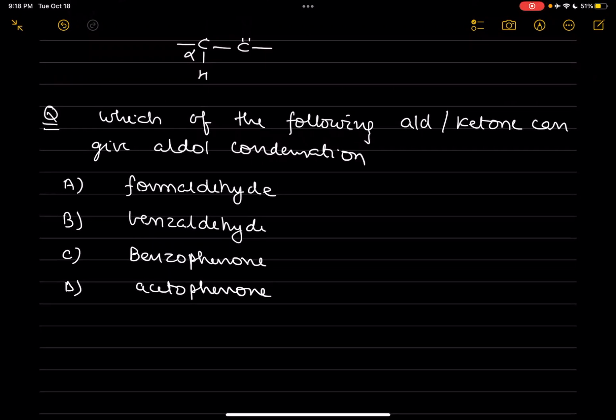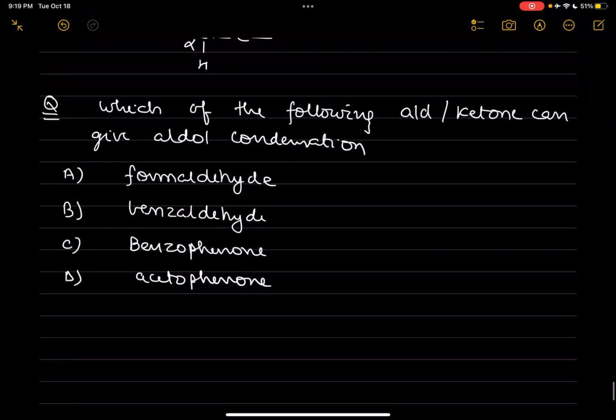These are common names, and they are very common, so you need to learn them, very important. Okay. Yes, sir. Formaldehyde, benzaldehyde, benzophenone, acetophenone.